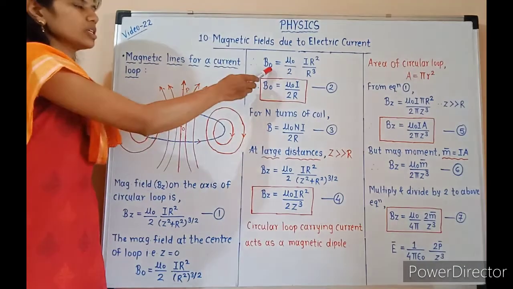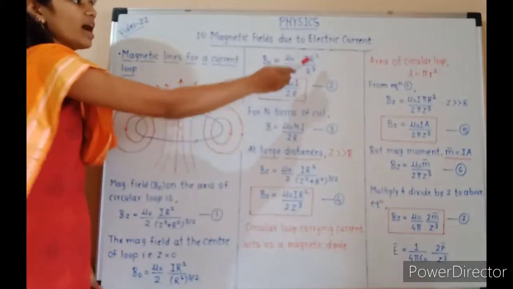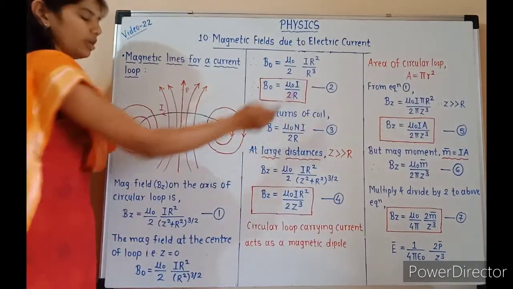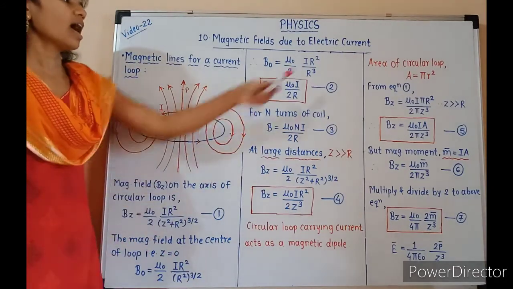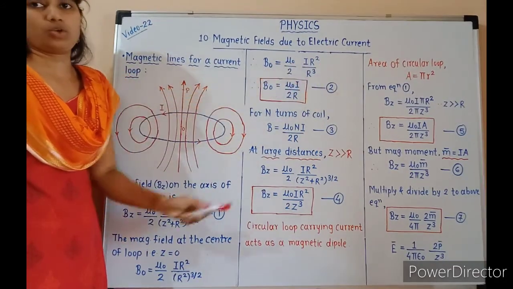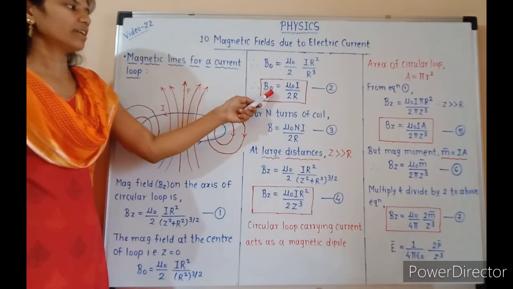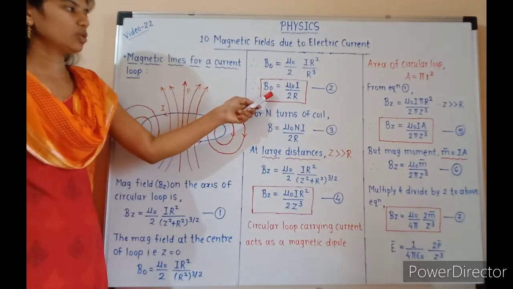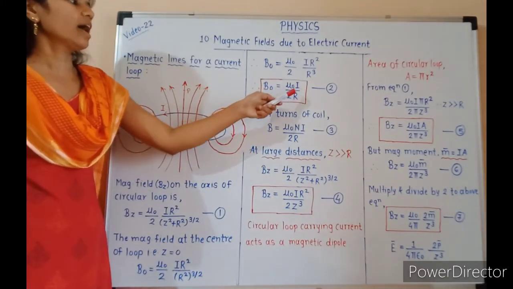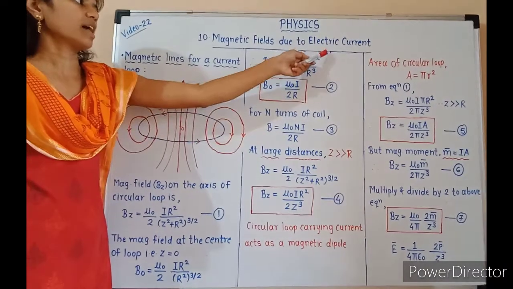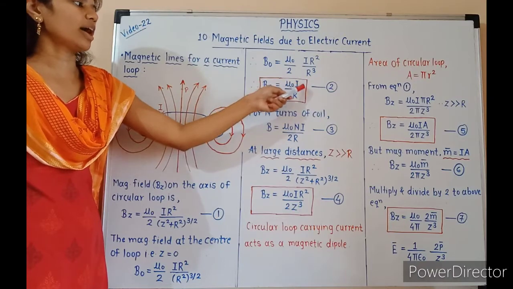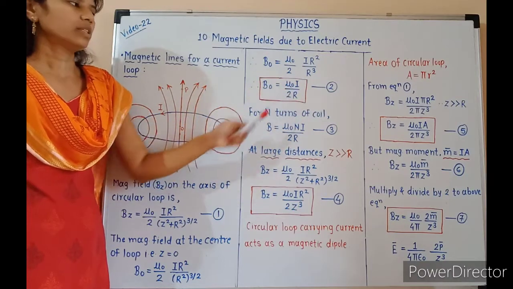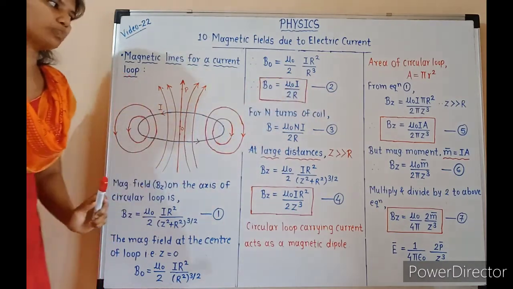Now this 2 will get cancelled with this 2 and we get I R square upon R cube. This R square will get cancelled with this R cube. So the magnetic field at the center of the circular loop, B0 is equal to mu 0 I upon 2R. This is your equation number 2.